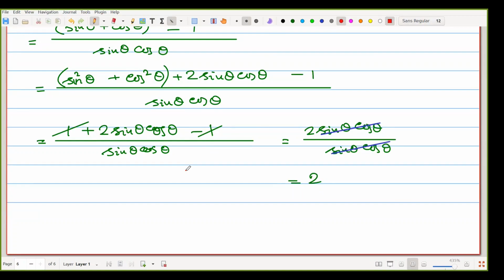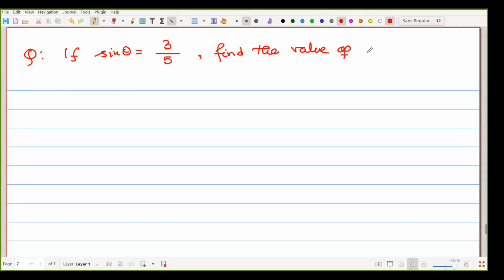Suppose another problem is: if sin theta is equal to 3 by 5, find the value of sin theta cos theta. Okay, so here we have sin theta is equal to 3 by 5.